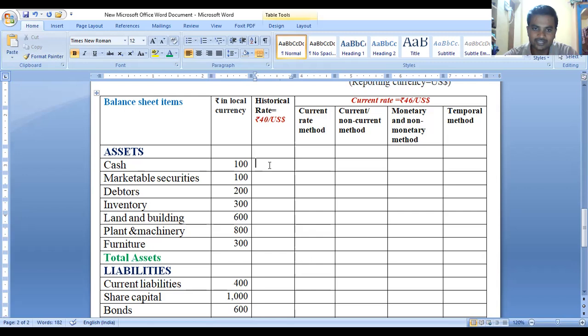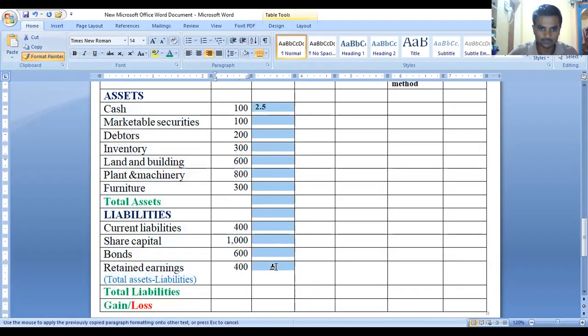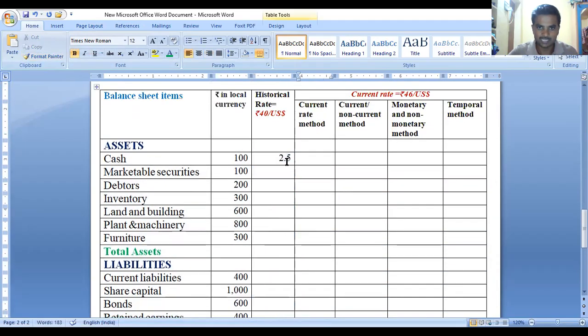Suppose I have 100 rupees; by selling 100 rupees, how many dollars would I get? Here I would get only $2.5. Yes, I would get it.